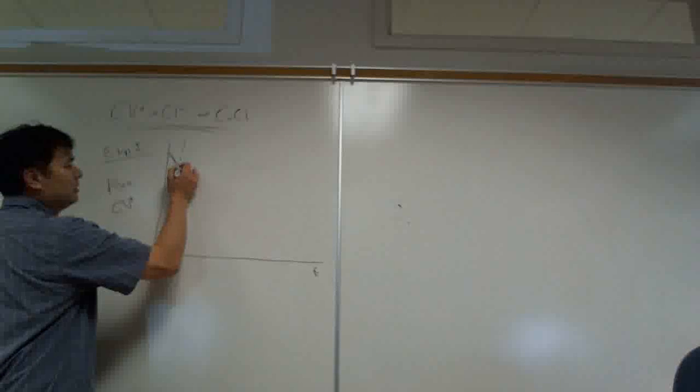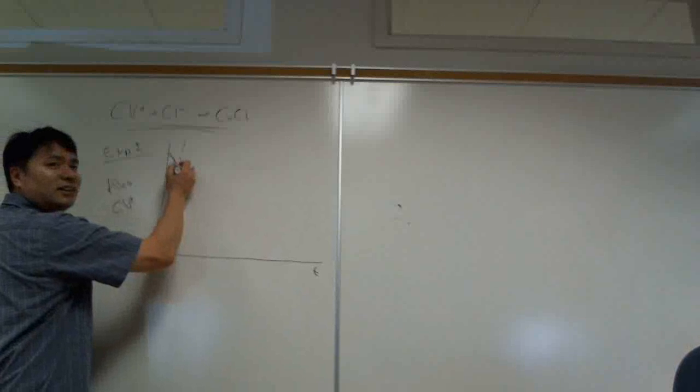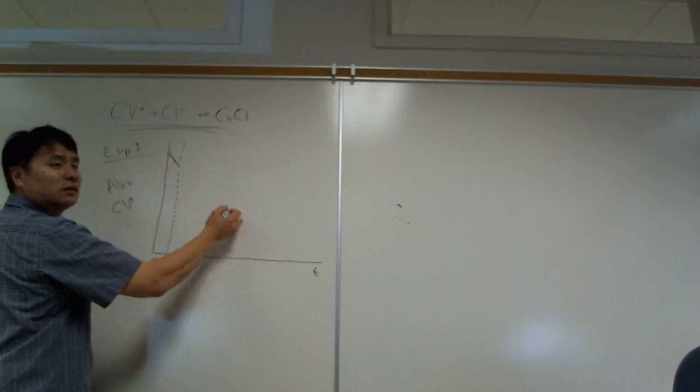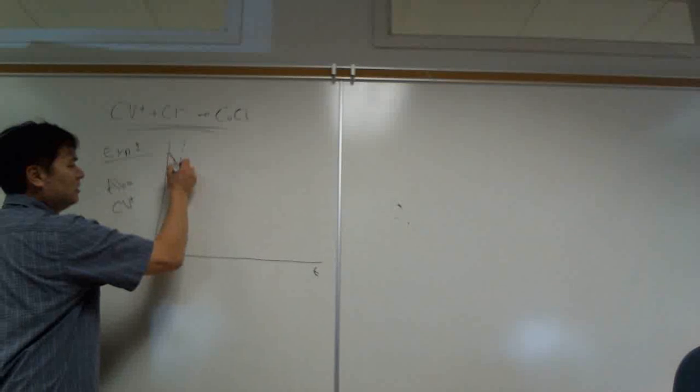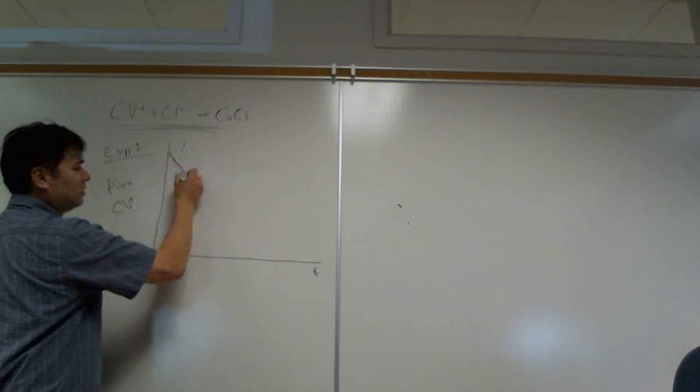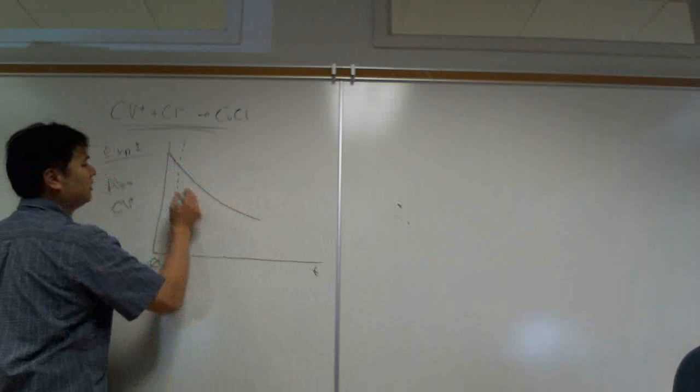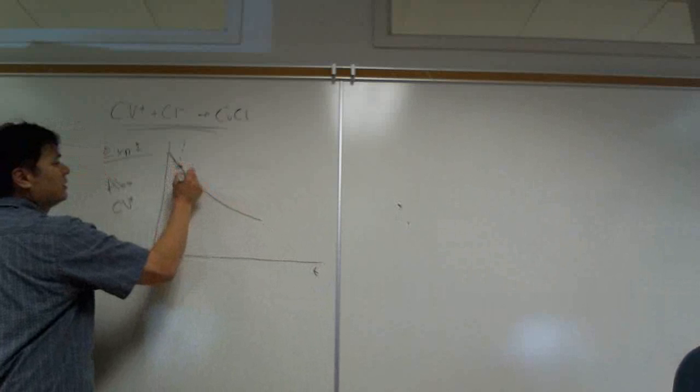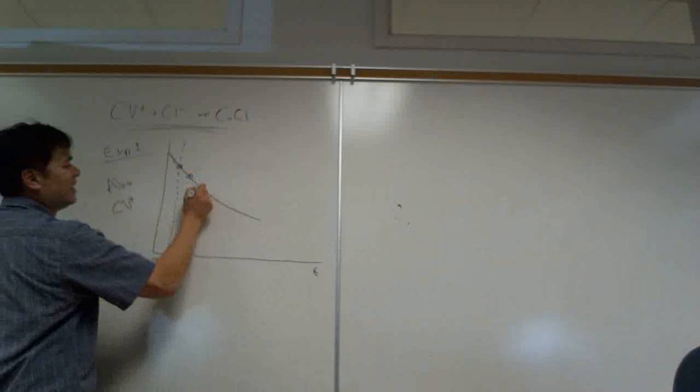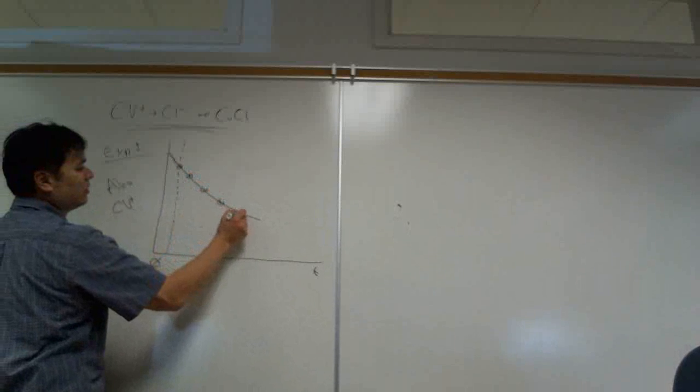Was it linear, or was it kind of curved? It was curved, a little bit of a curve. All right. And so we started collecting data here, and it went down at regular intervals.